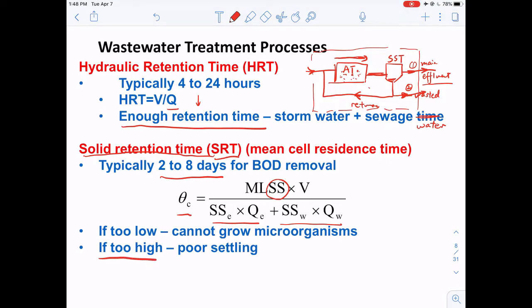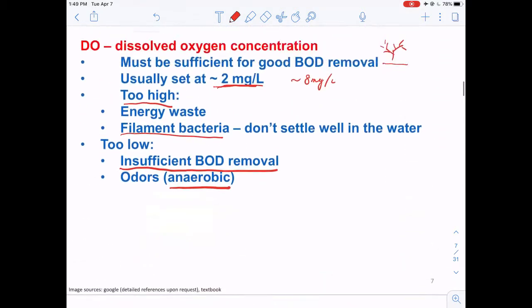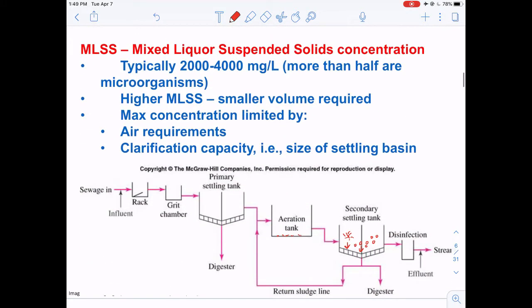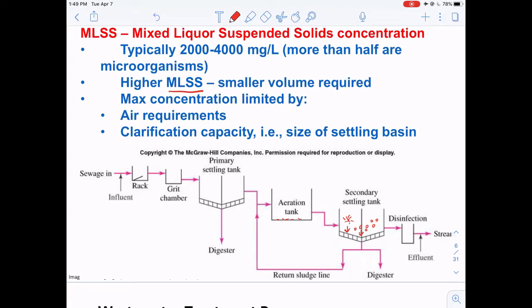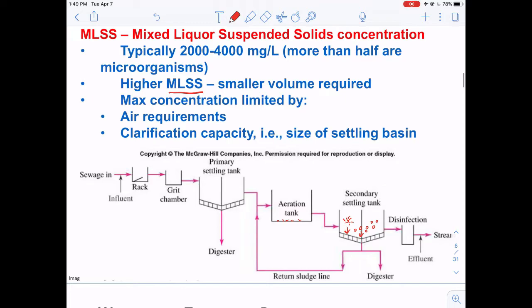And we also don't want this to be too high, because then we're going to generate a lot of these bacteria again. It's similar to the mechanism of the MLSS here, because if the mixed liquor suspended solids concentration is too high, it's going to affect the clarification capacity, right?